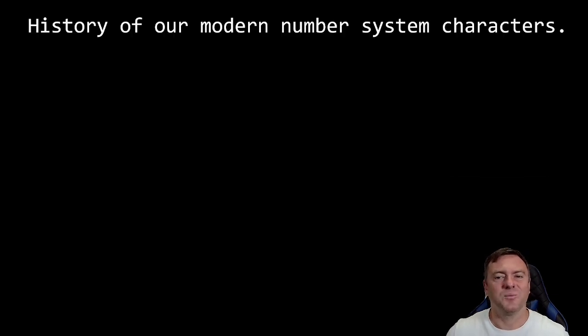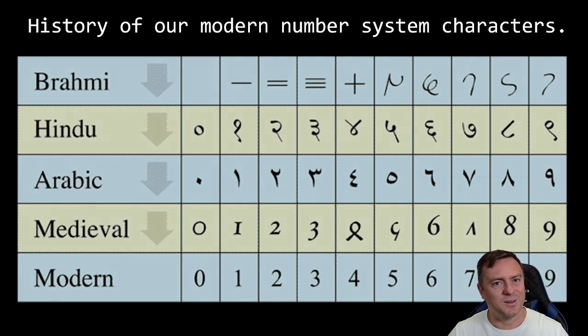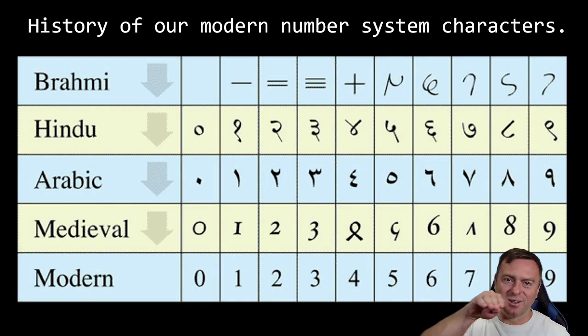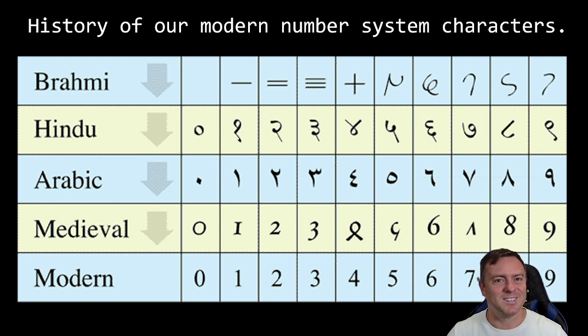So the whole idea of our modern number system actually is built on all these different structures that have come through it. Believe it or not, it actually originated in the Brahmi structure, which looks kind of similar to the Chinese structure as well, which kind of blew me away when I was doing the research on this. So then you have the Hindu system that built on that, which then starts getting some familiar things. So there's a 3 there that looks kind of similar.